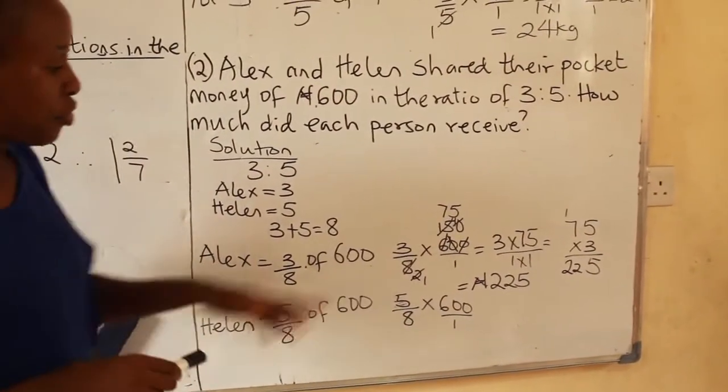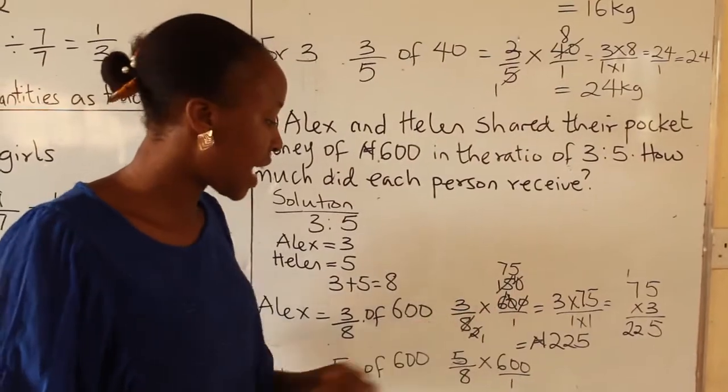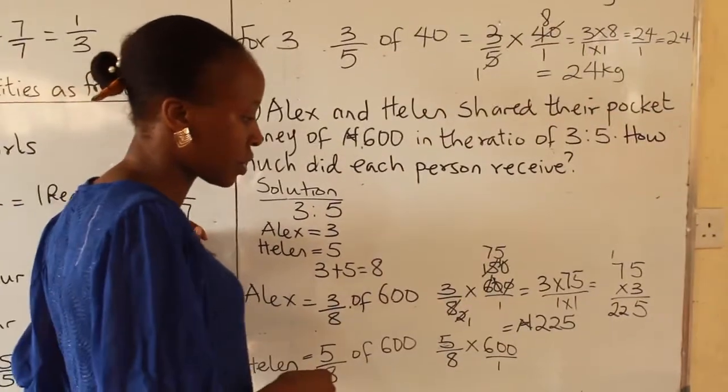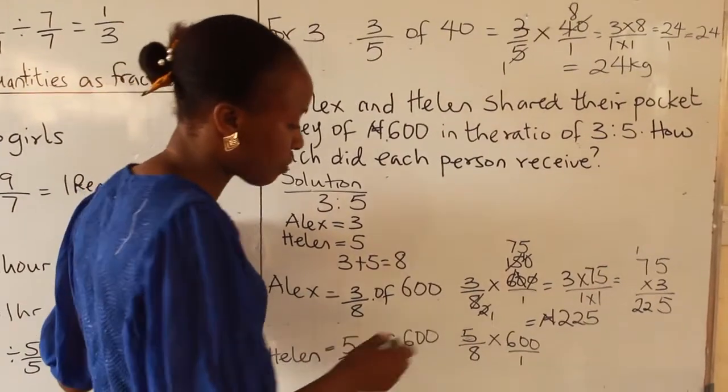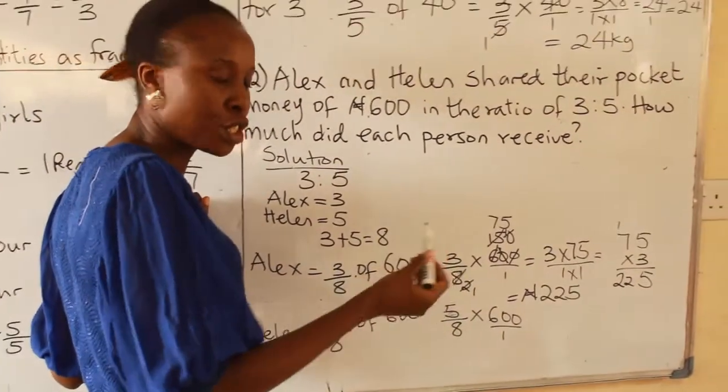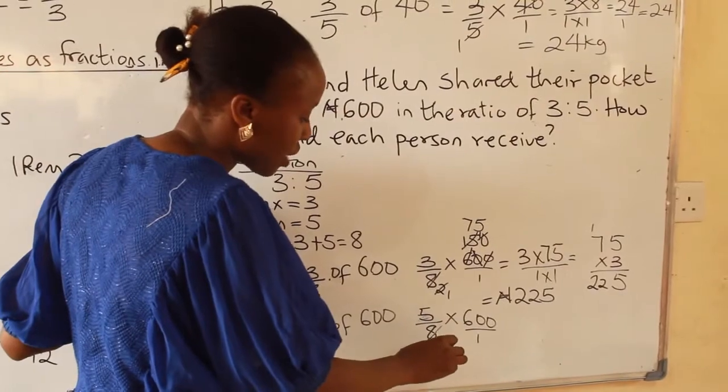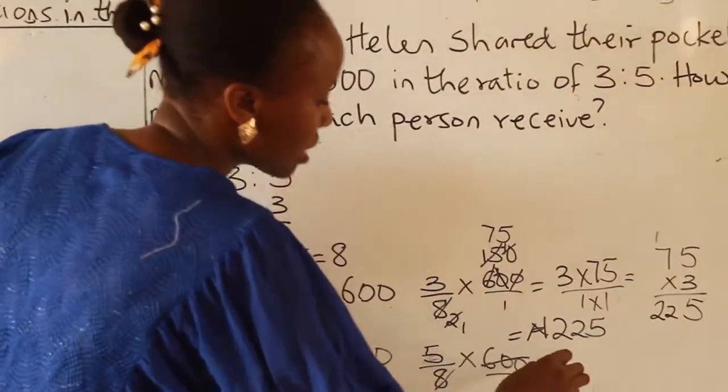Since we have reduced 600 over 8 earlier, and our answer was 75, there's no need to repeat that procedure again. You just write 1 here and 75 here.